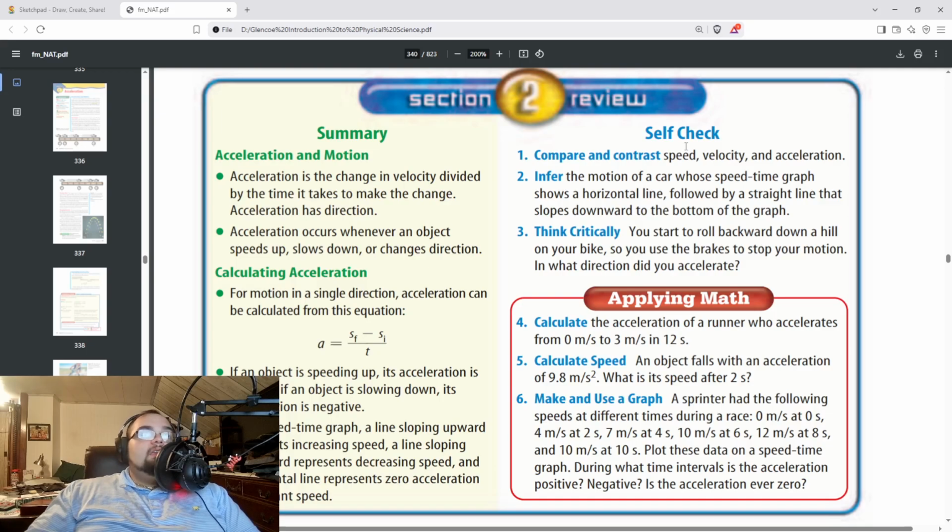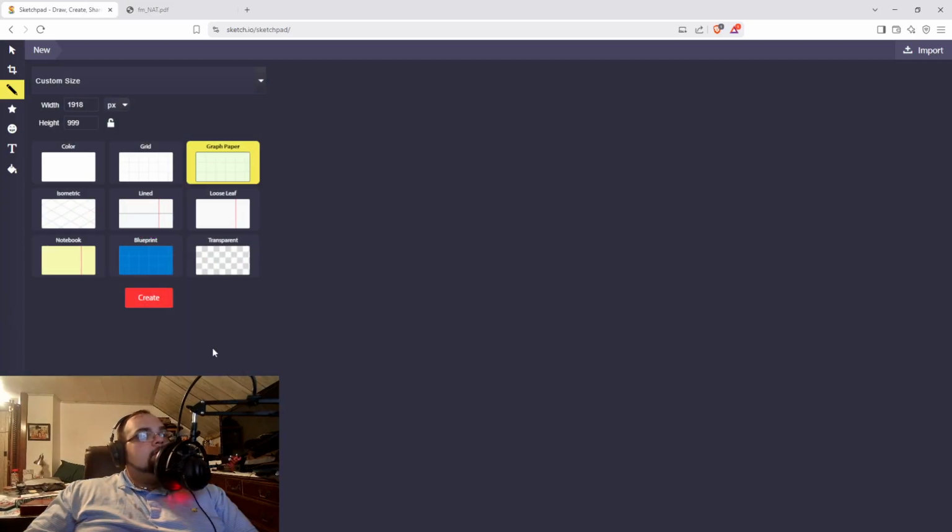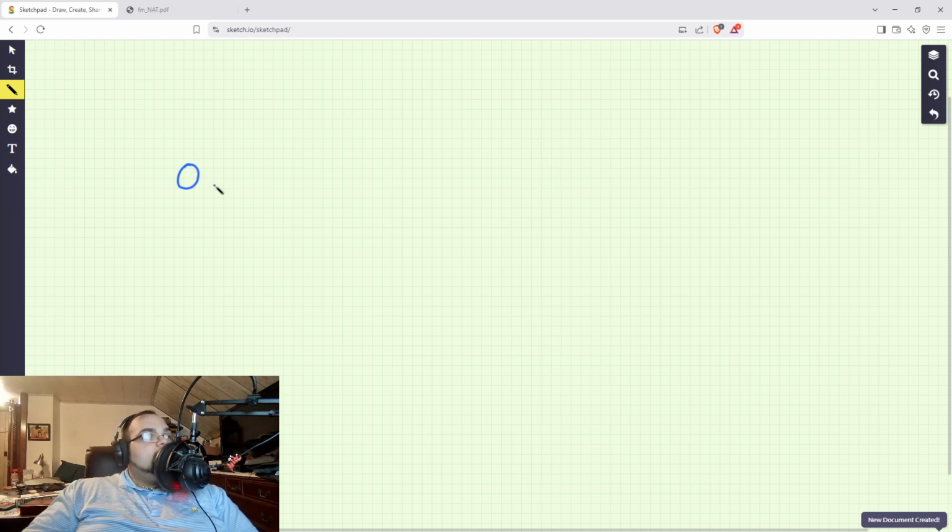Okay, we want to calculate the acceleration of a runner who goes from 0 to 3 in 12 seconds. So I want you to stop, and now if you're ready to answer, let's see what happens. We go from 0 to 3 in 12 seconds.